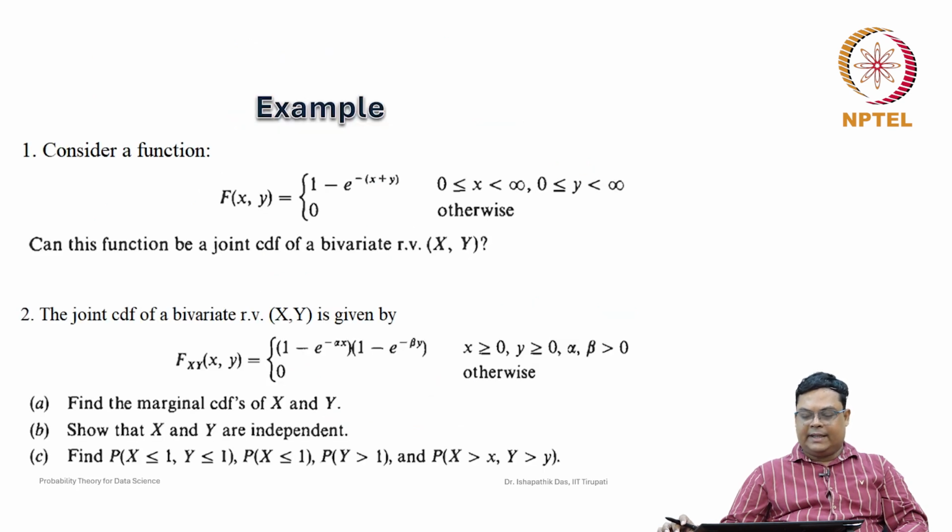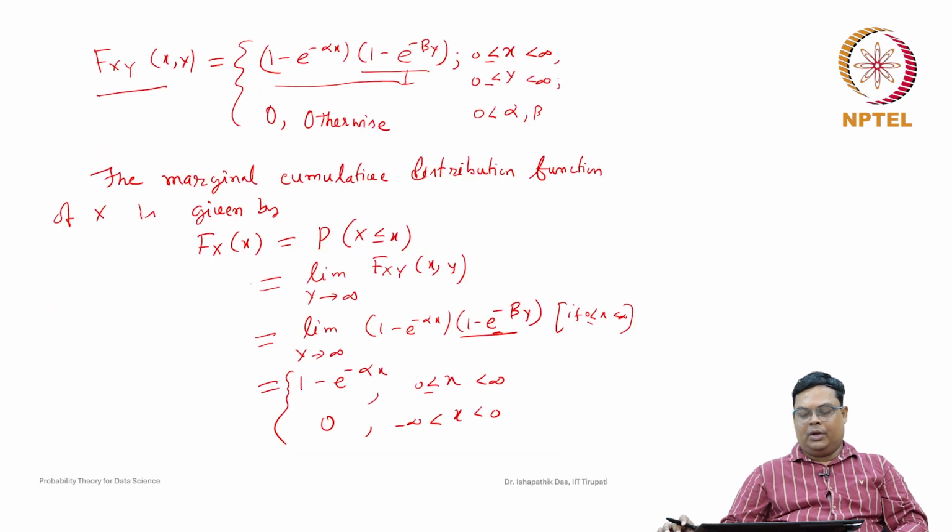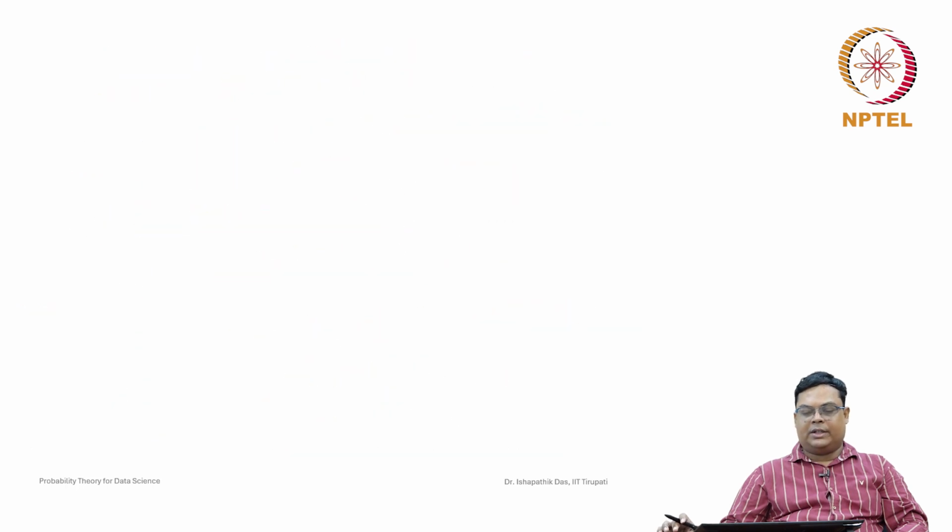Now, show that X and Y are independent random variables. So, how can we show it? What is the definition that two random variables are independent?